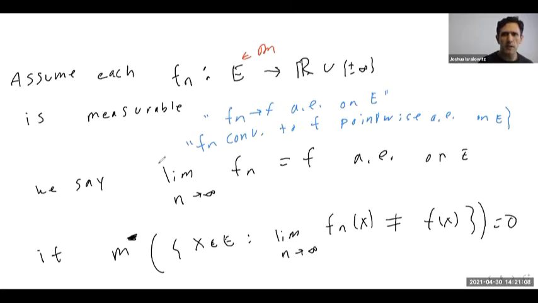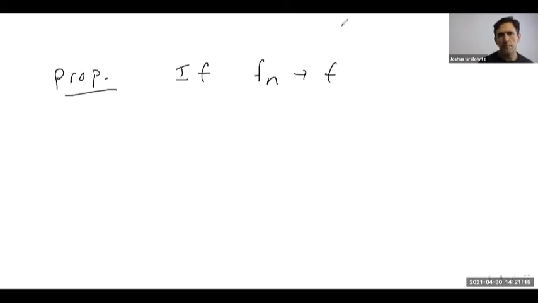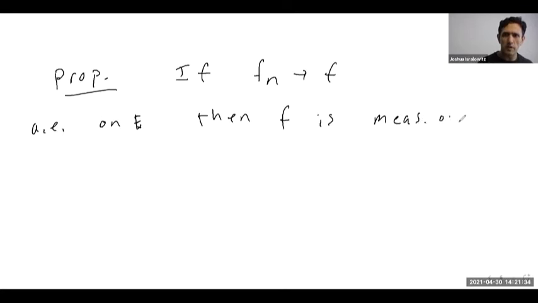These all mean the same thing. It means this here. Well, really means this. But yeah, I particularly like this terminology because it's nice and quick. Yeah, so if each Fn is measurable, then F is measurable on E. Okay.